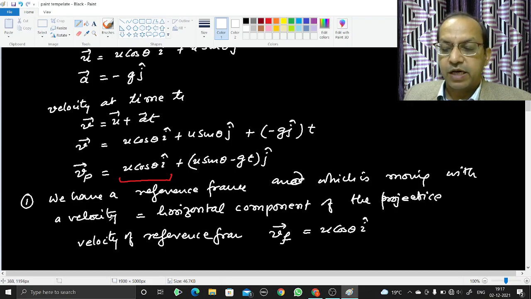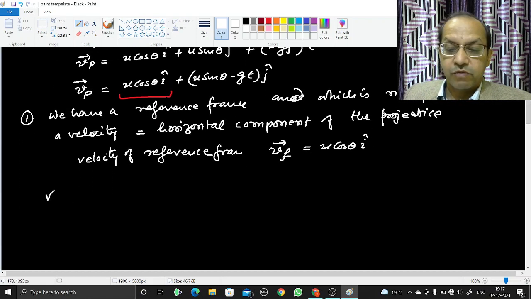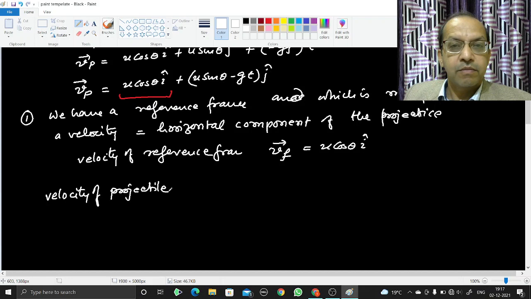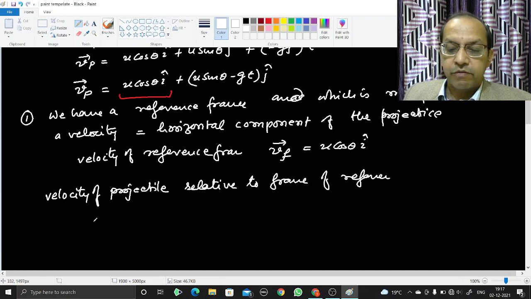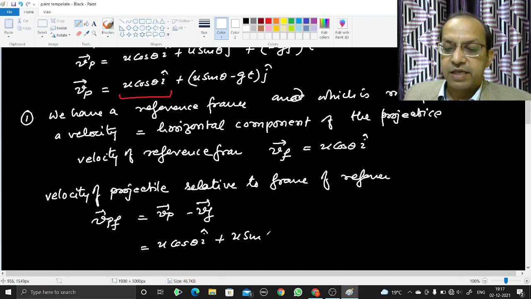Now this projectile is seen from the reference frame, so the velocity of the projectile relative to the frame of reference, vpf, equals vp minus vf. vp is u cos theta i cap plus u sin theta minus g t j cap, minus u cos theta i cap.